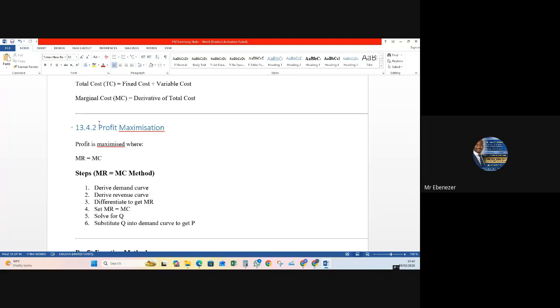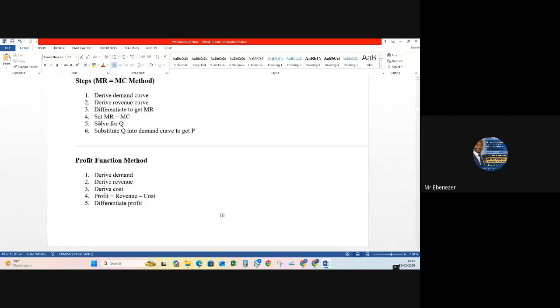Solve for the quantity that if you sell this quantity, your marginal cost will be equal to your marginal revenue. Substitute that quantity into the demand curve to get your price. I'm not saying more than that. Maybe when we get to questions, we'll solve it.